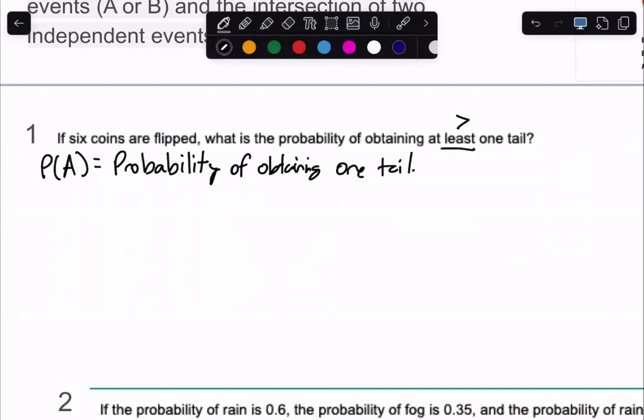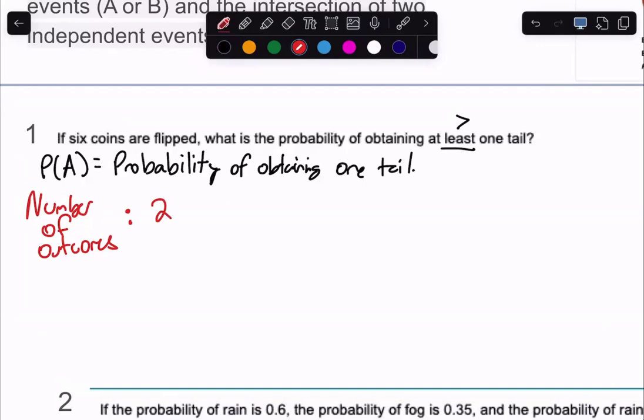Next, the important thing is that you need to determine the number of outcomes. How many choices do you have if you flip a coin once? You only have 2 outcomes: you either get a head or a tail.